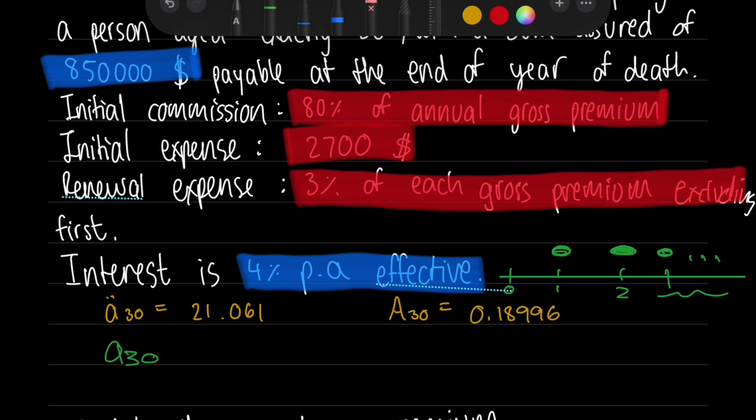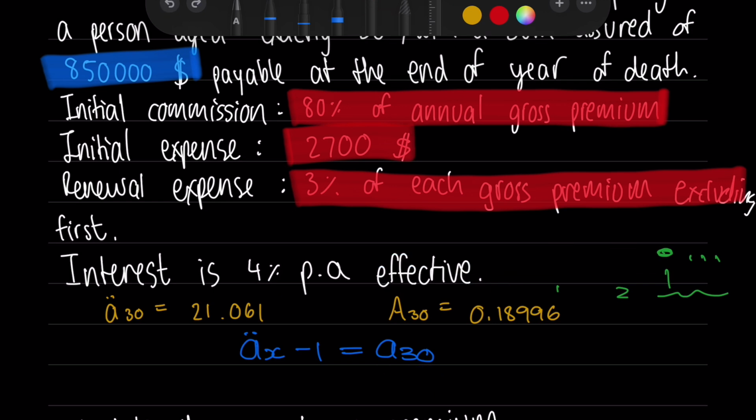A30 is not tabulated, but you should remember this formula. So by working with the expected value of these payments now in advance, it doesn't do much. It just makes it simpler. Otherwise, if you want to do another type of conversion, go for it. You won't have lots of time when you're answering these types of questions, but let's see if we get the same answer.